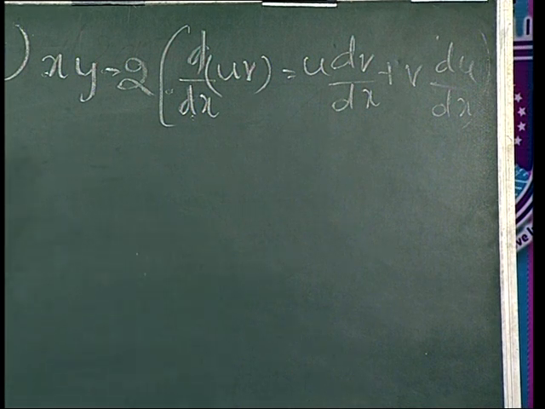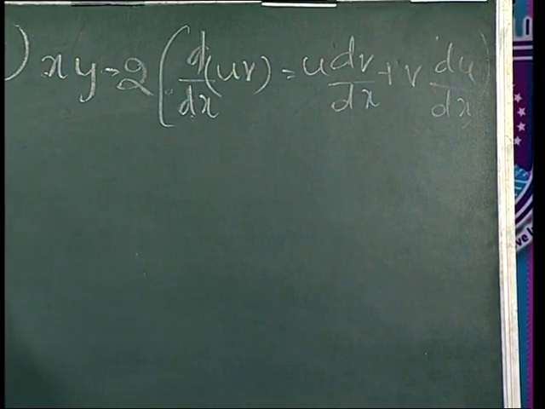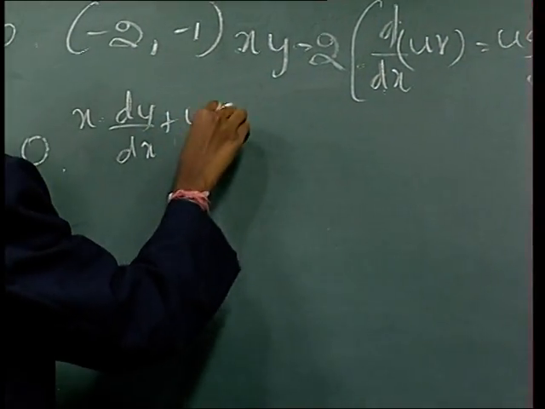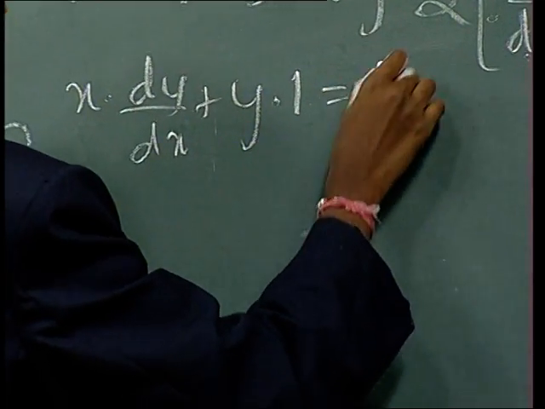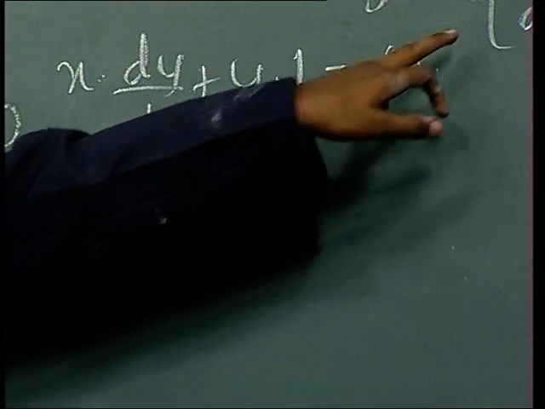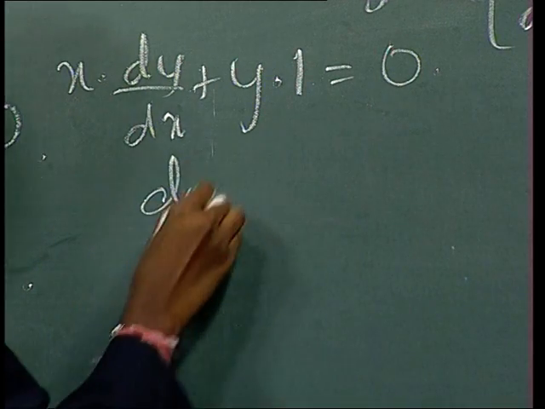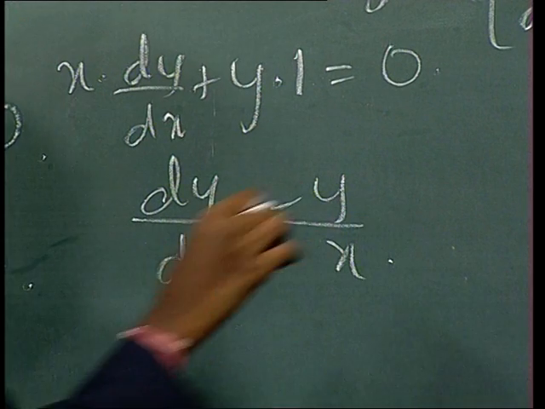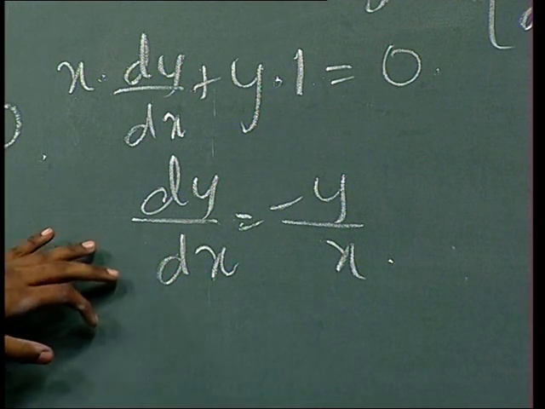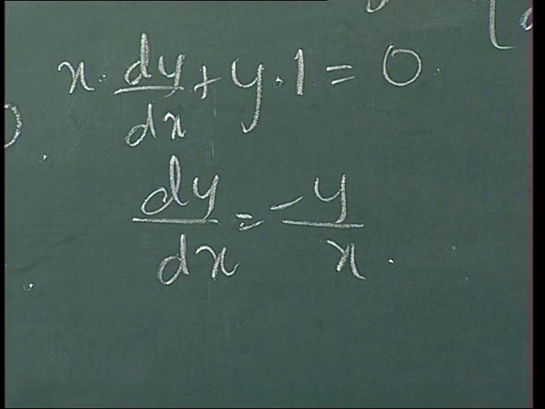So, by differentiating the first curve we get x dy/dx + y times 1 = 0, since the derivative of a constant is 0. So it becomes dy/dx = -y/x. The slope of the first curve is represented as m1.